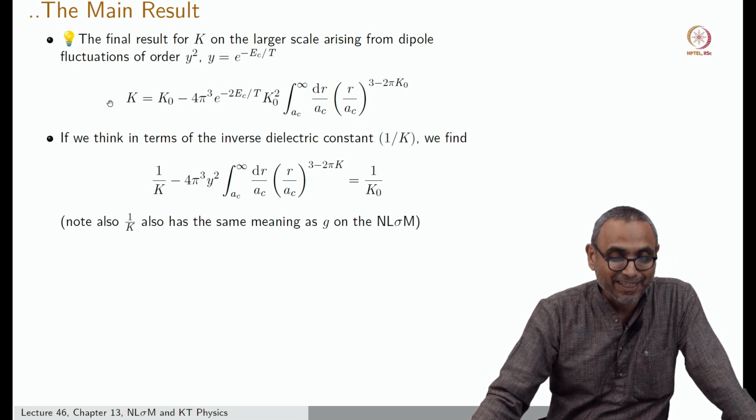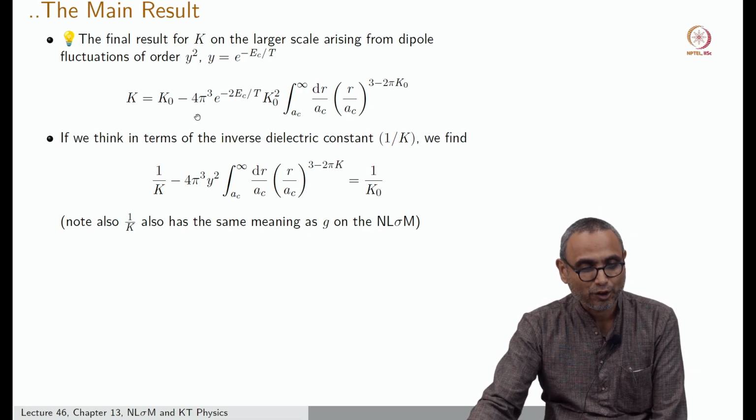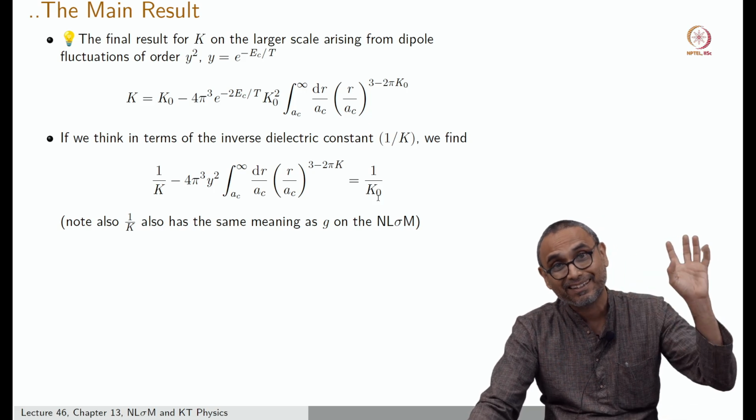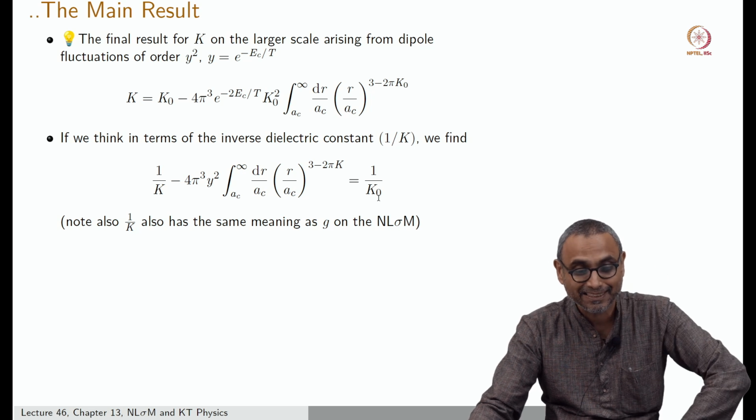So I take the inverse of this and invert this equation, and you will see that I end up getting this result, where I have replaced k on this side and made it 1 by k0. 1 by k0 is my UV, ultraviolet value of J0 by T.